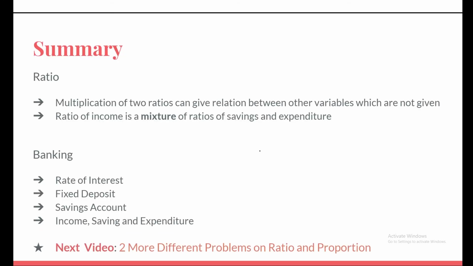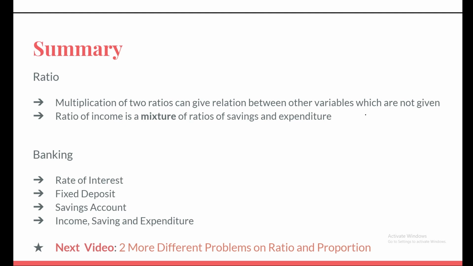So this is the summary of what we have learned. The first point is multiplication of two ratios can give a relation between other variables which are not given in the question. In the first problem we learned how to determine a ratio which is not given, but we have the relation between other variables. We just multiply and we get the new ratio. This approach will be very useful for various problems.